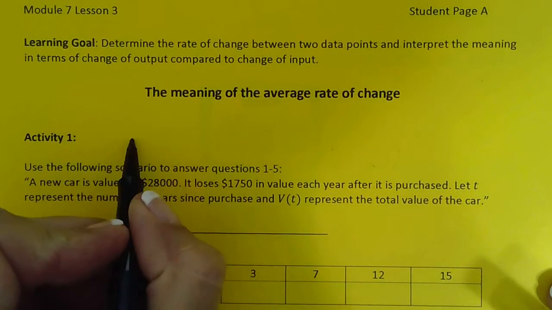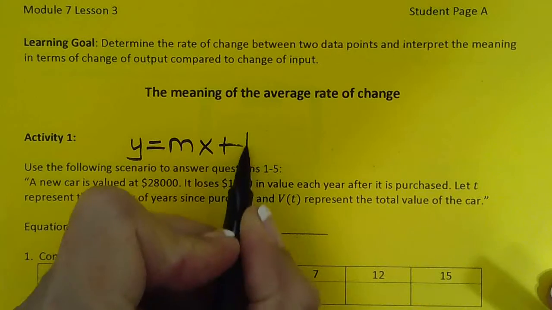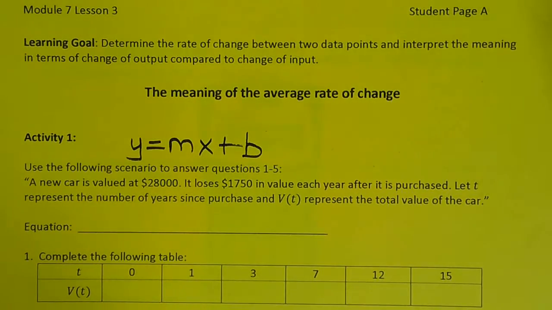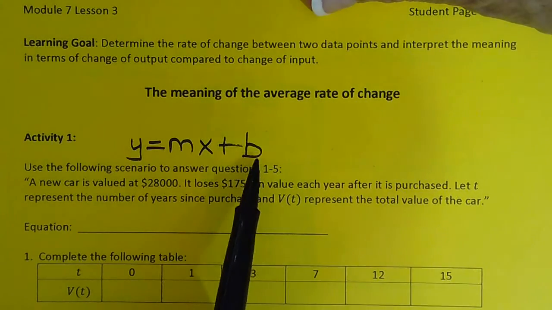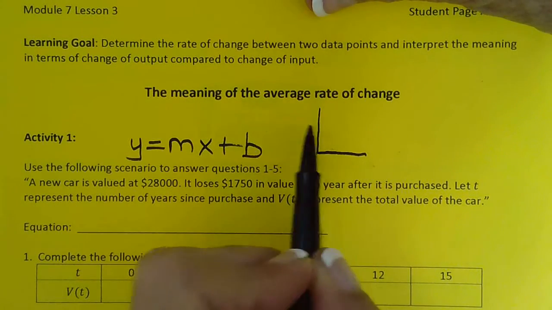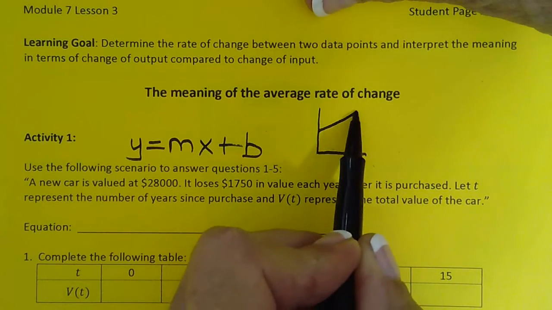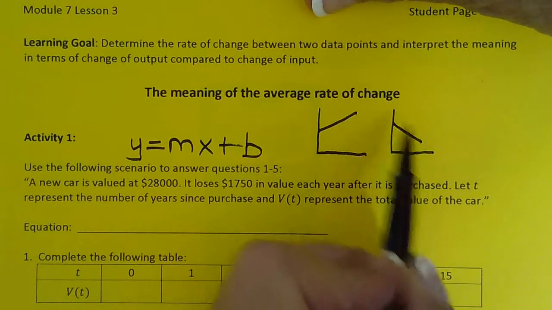mx plus b. So as I'm reading through the problem, I need to be looking for the two important things. Remember, the two things we said are important is the y-intercept. So think of the graph. That's the starting point on the graph, or if the graph's going down, it's the starting point going down.